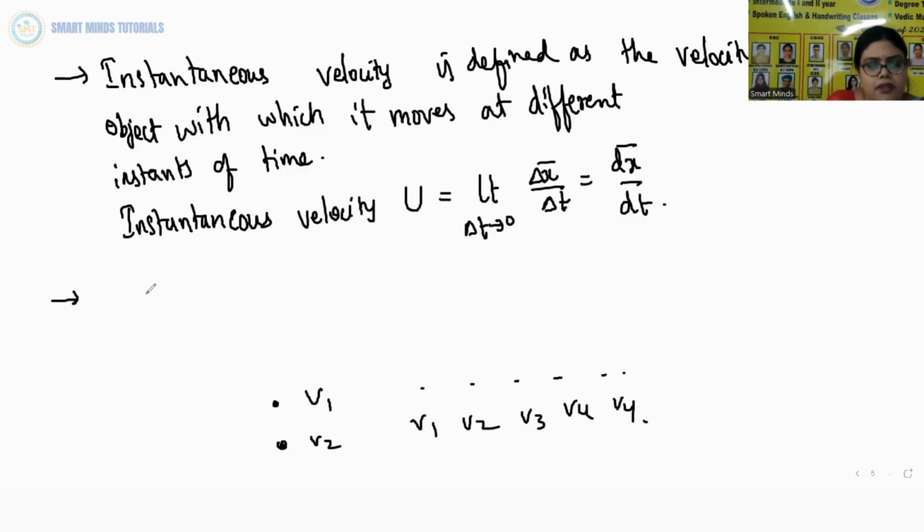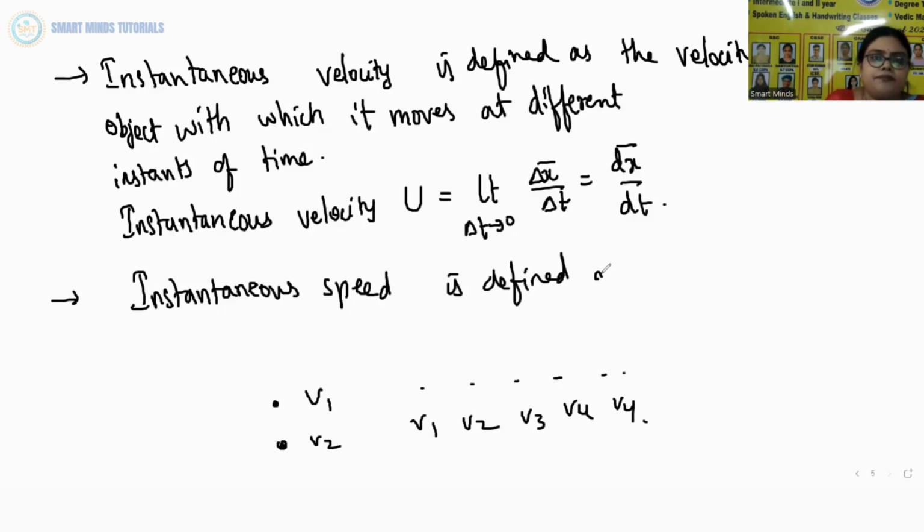Okay. Now what is instantaneous speed? At one instant, the speed will be different. At the next instant, the speed will be different. So the same way, we can define speed. So instantaneous speed is defined as magnitude of velocity. So what is the formula for instantaneous speed?